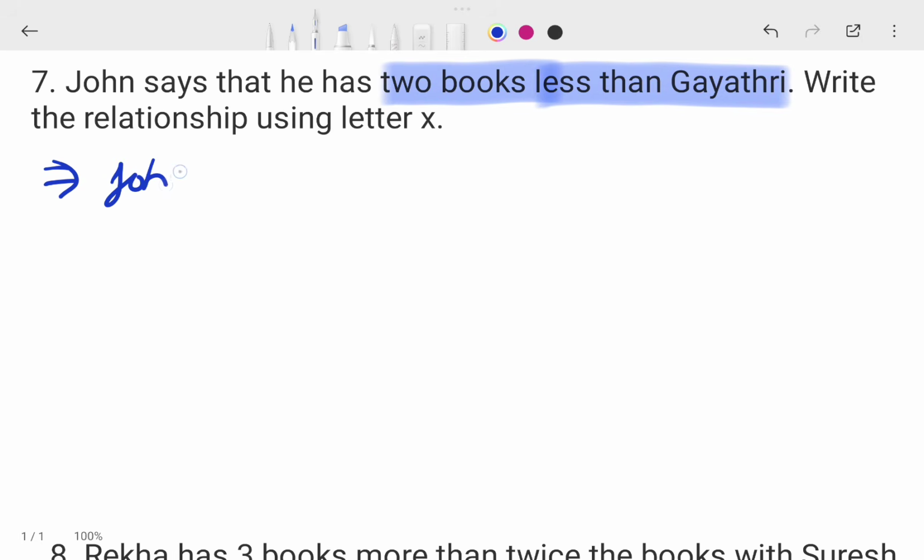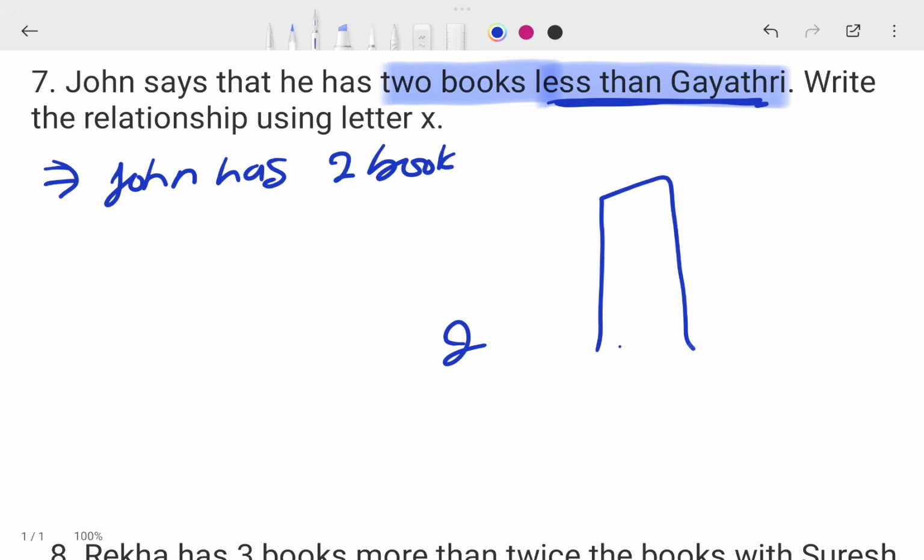John has two books, but less than Gayatri. It means that Gayatri has more books. John has 2 books, but he says he has fewer books than Gayatri. It means that Gayatri has more books than John. So it means that we are going to minus. Why? Because John has only 2 books.